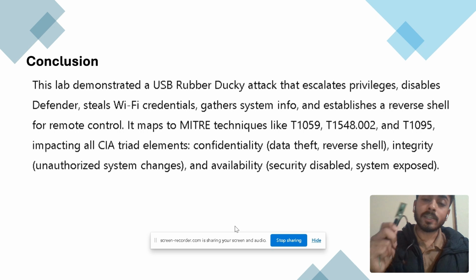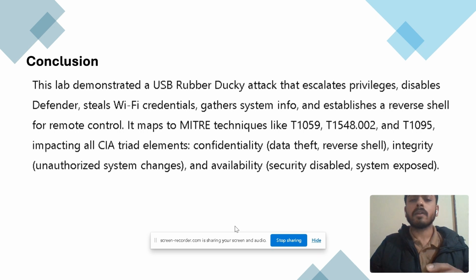It was USB driven. It ran commands, disabled the security, exfiltrated personal information, and gave a reverse shell, violating the CIA triad. Now the attacker can do whatever he wants with the victim. That was all about this question. I hope this addresses all of the question requirements. Thank you very much.